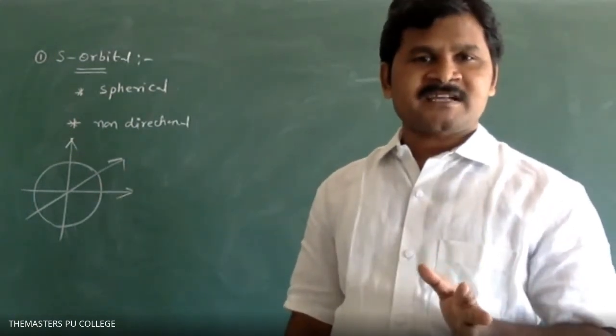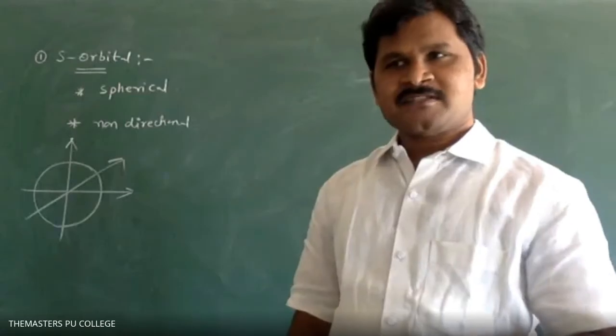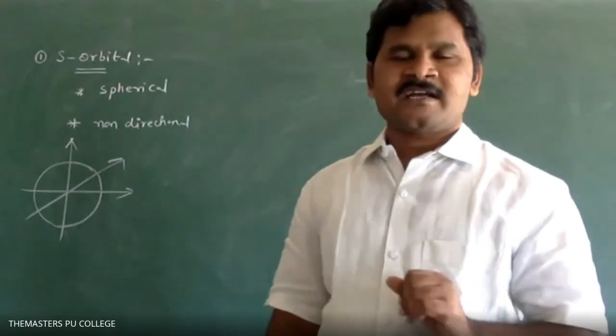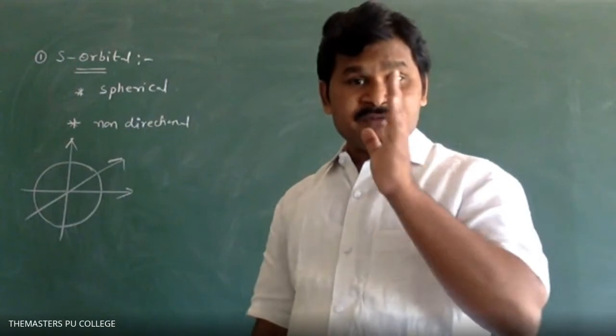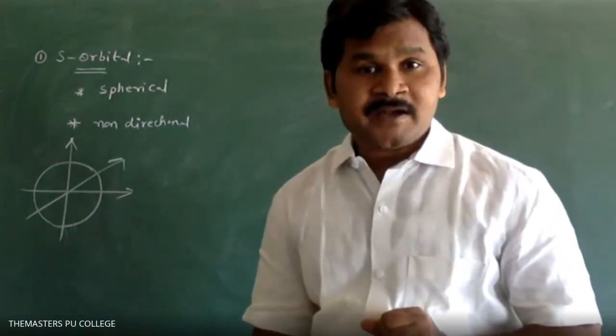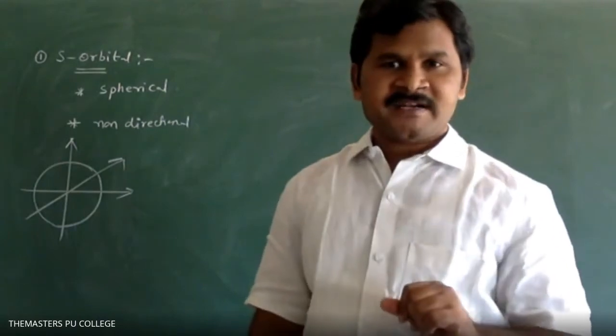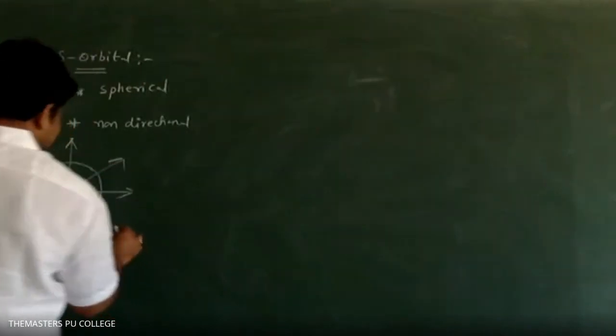S orbitals present in the 6th shell are 6s. The number before the orbital indicates the orbit number or shell number.